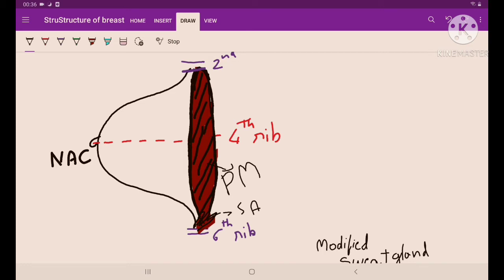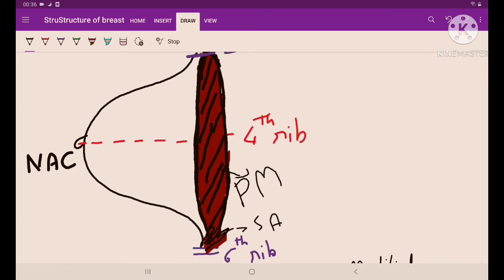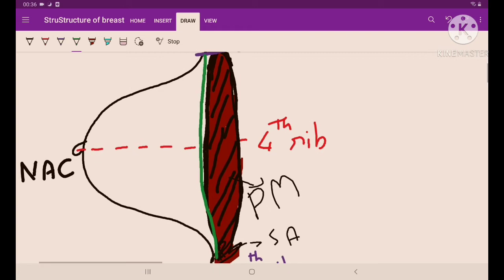Okay, see here, guys. Then in green I'm drawing a layer here. This is called pectoral fascia. Fascia is a layer of connective tissue which is overlying the pectoral muscle. And here there is a space, guys, in front of the pectoralis fascia.